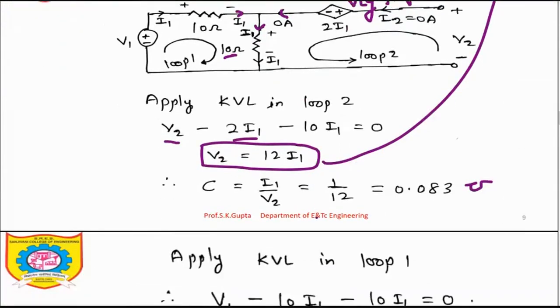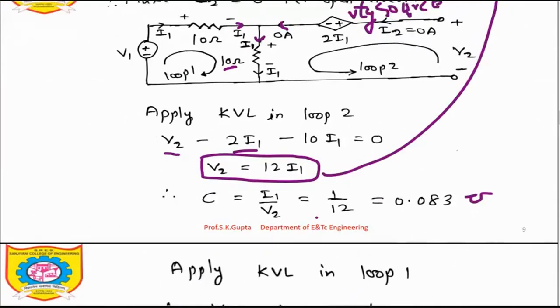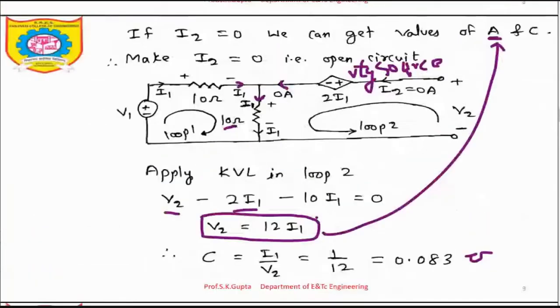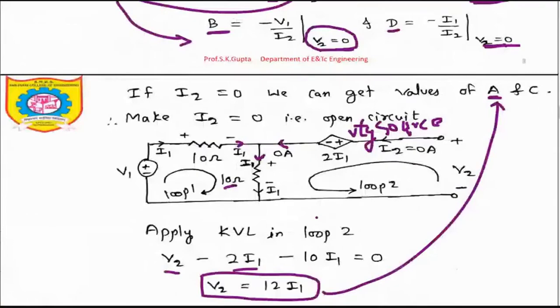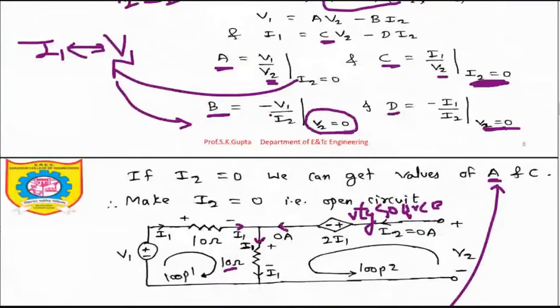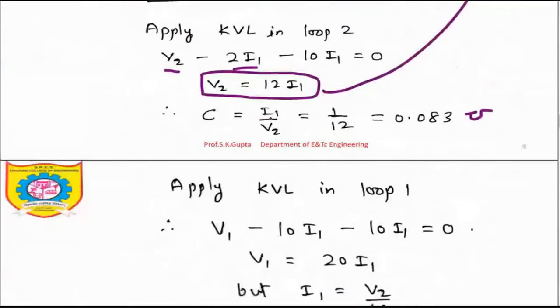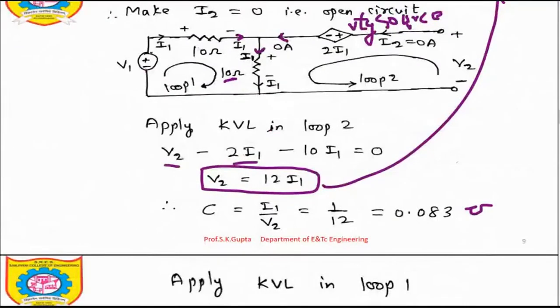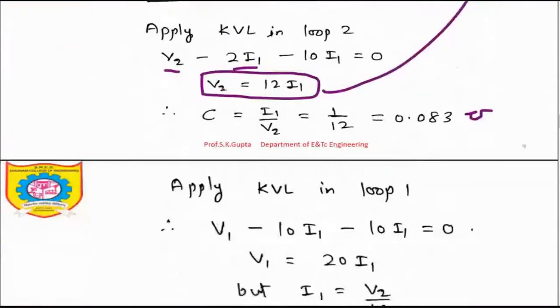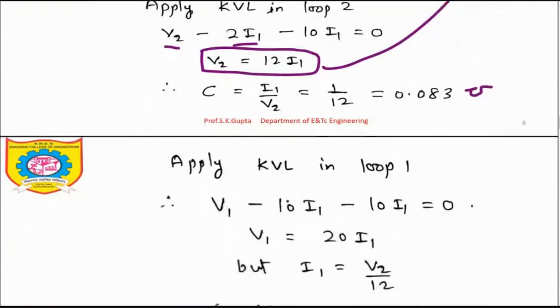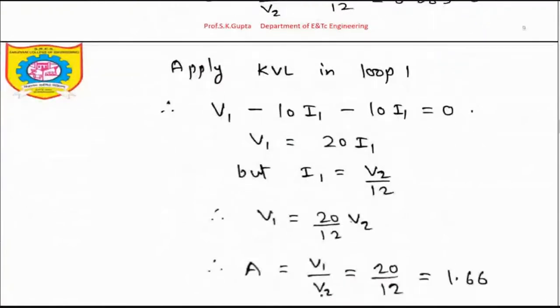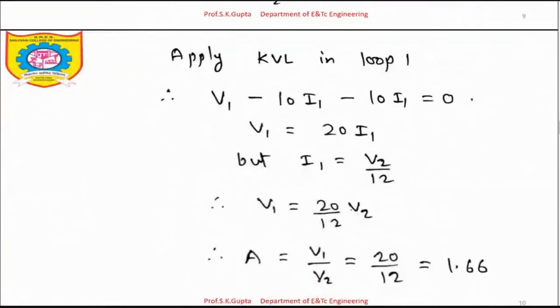Now I will apply KVL in loop number 1, because the formula for A is V1 upon V2. This is my loop number 1. So V1 minus 10 I1 minus 10 I1 equal to 0. That means V1 equals 20 I1. But the formula for A is V1 upon V2, and I got the equation V1 equal to 20 I1.